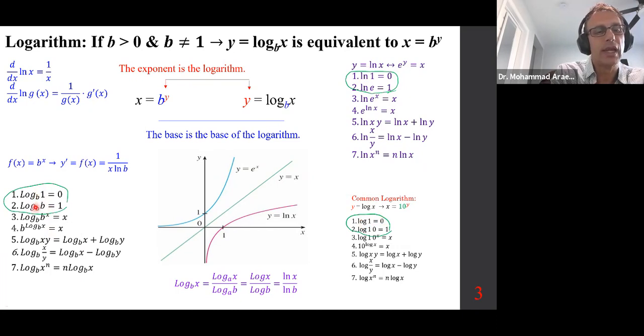If the base and the argument are identical, the answer is 1. When we write ln E, remember the base is E. When we write log 10, the base is 10. So if the base and the argument are the same, the answer is 1.